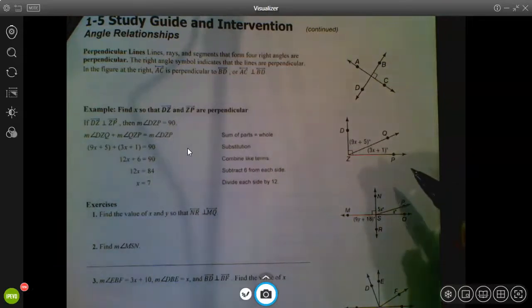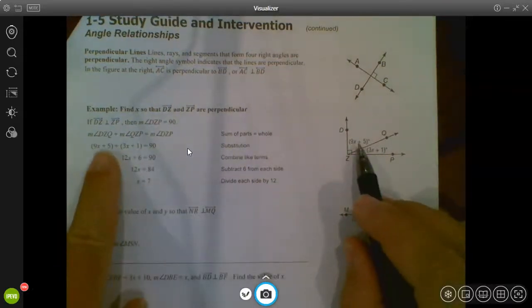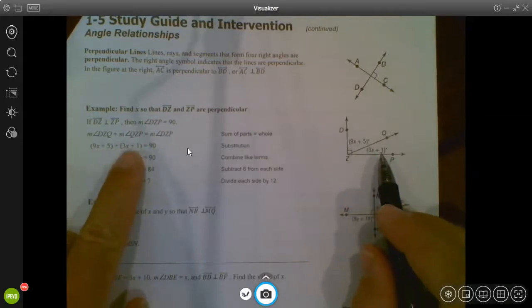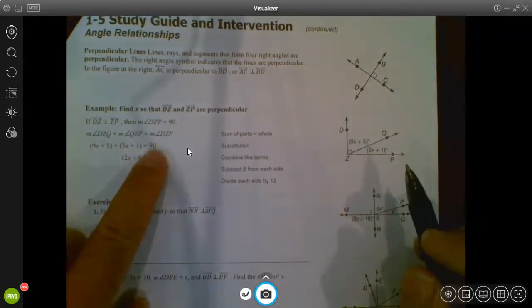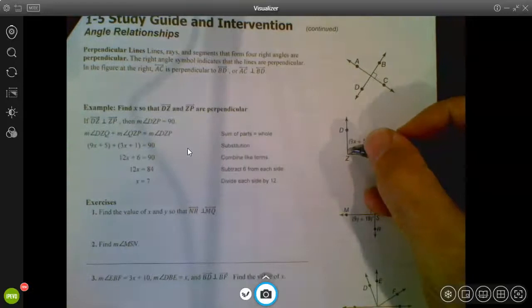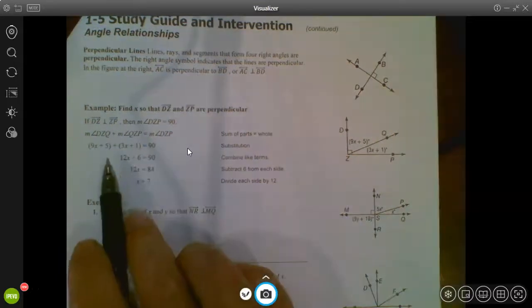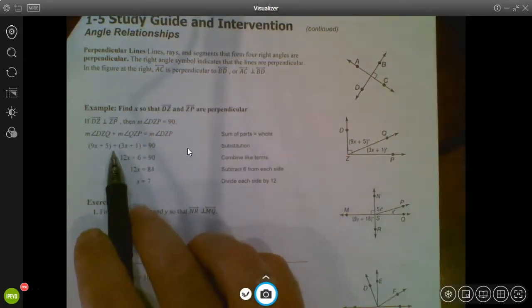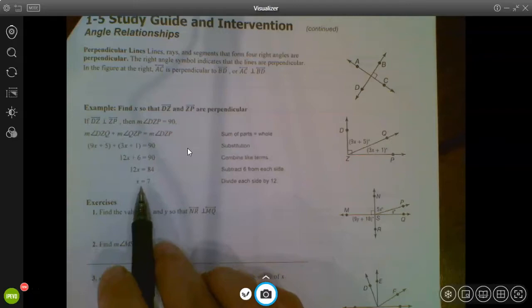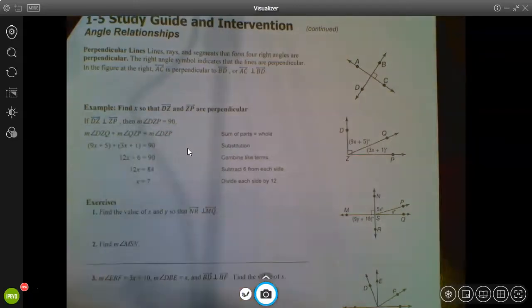So here's the setup then. I know that this angle plus this angle must equal 90 degrees, and all of that is based on this one little mark that I see right here, right? That's what's telling me that they're 90 degrees. So once you set those up, real simple algebra, we just go through and we solve for x, and that's it. So this one just said find x, so we can stop right there.